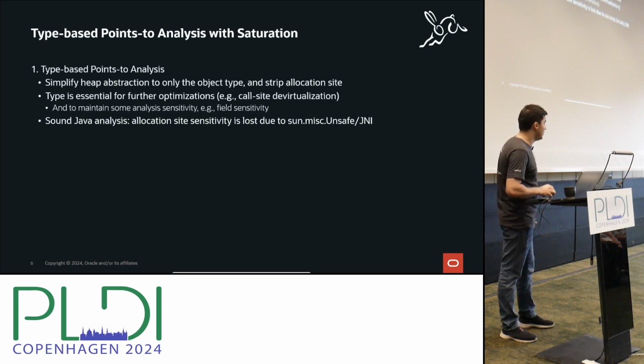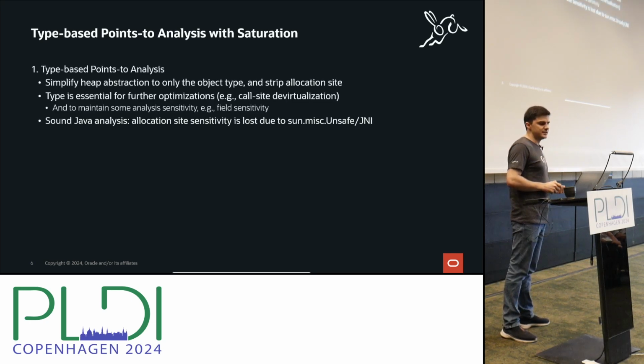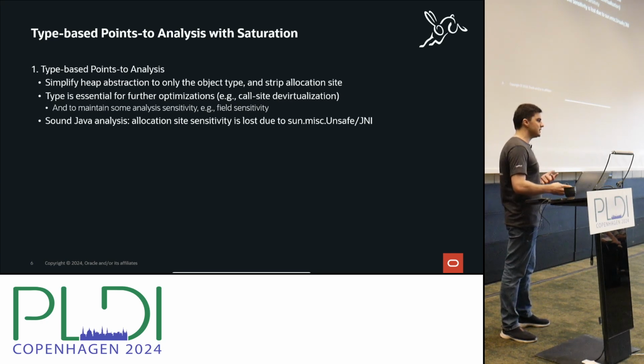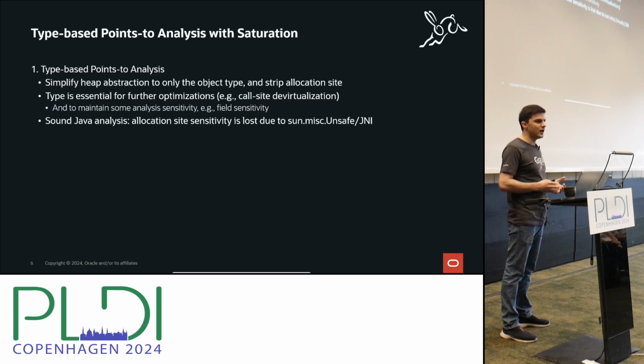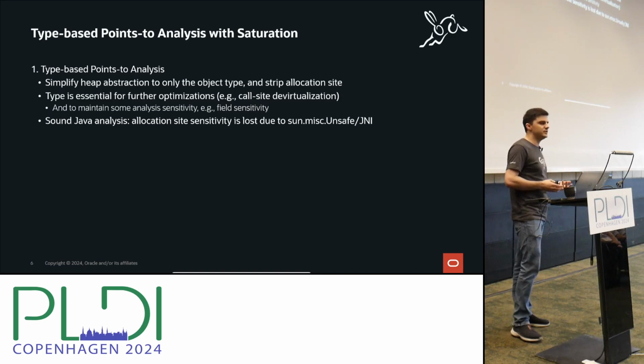First of all, we use a type-based points-to analysis. Unlike traditional analysis, we don't take into account the specific allocation site of an object. We just care about the type. The type is essential to enable optimizations like call site virtualization, to maintain field sensitivity, and so on.